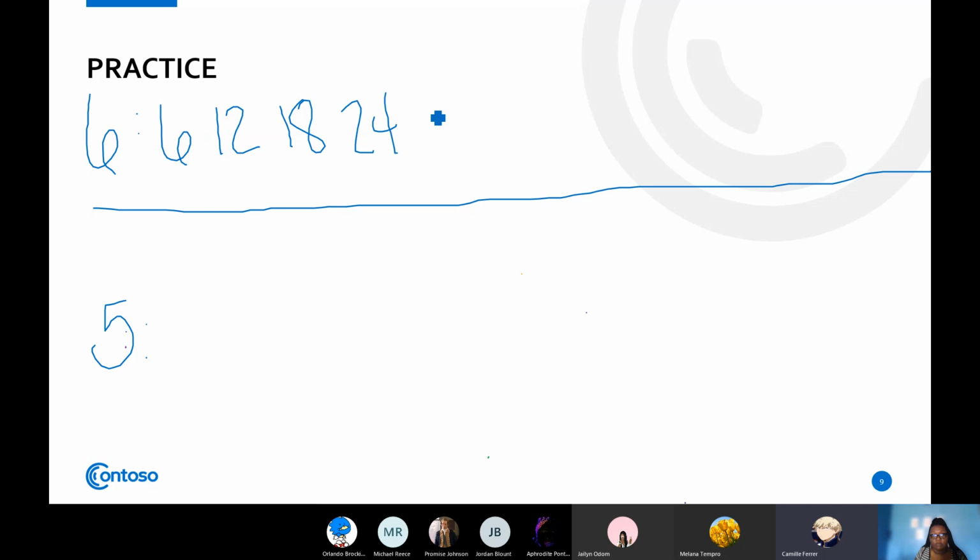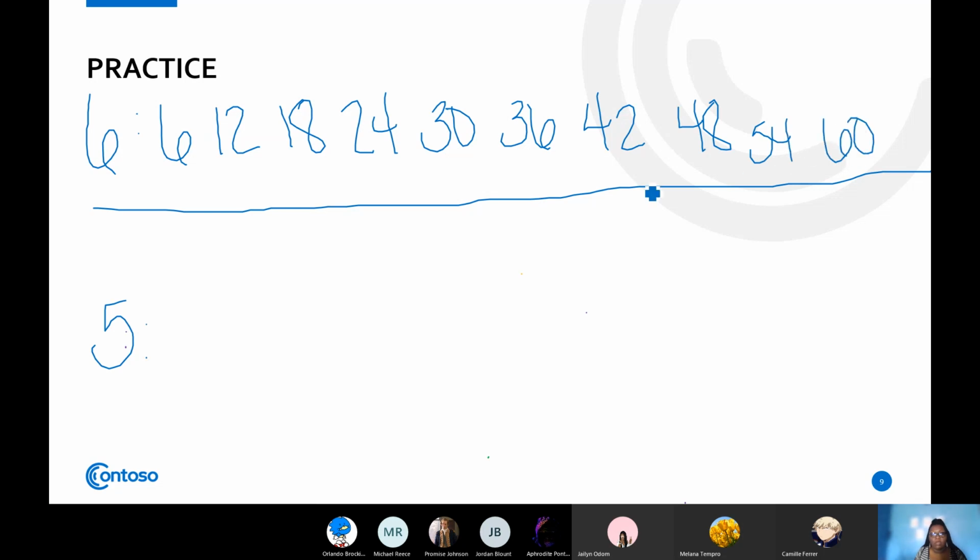Very good. And the multiples of 5, pretty easy: 5, 10, 15, 20, 25, 30, 35, 40, 45, and 50.